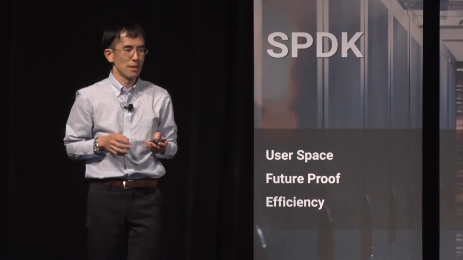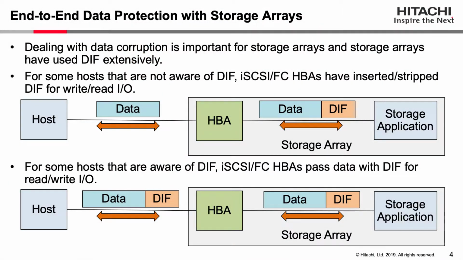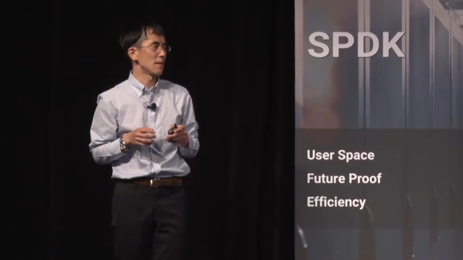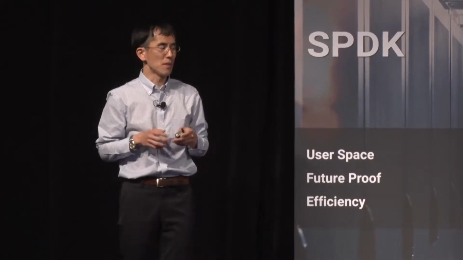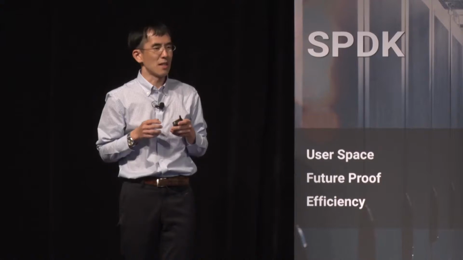I started to work on this feature 4 months ago. SPDK 19.04, which will be released at the end of this month, will support 2 use cases first. The first use case is the DIF insert and strip feature in the SPDK iSCSI target. We support this because in traditional storage, the block size 512 plus 8, that is 520, is very popular, so supporting block size 520 is very anticipated.